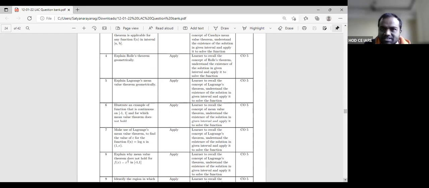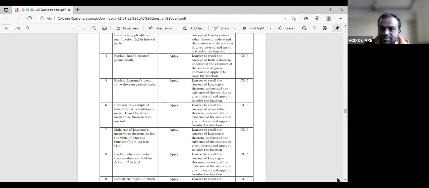Geometrical interpretation means the tangent to the curve is parallel to the chord of the curve. The slope is equal to f of b minus f of a by b minus a, so we can use that formula here. If f of x is a continuous curve in the closed interval a comma b, then there is a tangent point c comma f of c where the curve is touched.